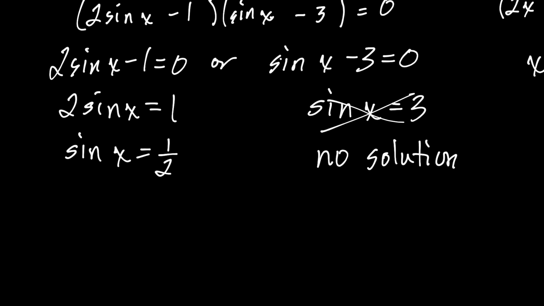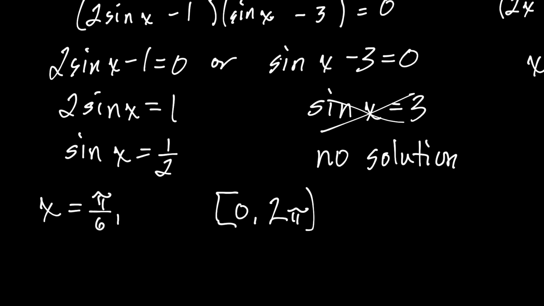If I'm still looking at from 0 to 2 pi, x has got to be, as we just did on the previous slide, pi/6 and 5 pi/6. Those would be the two solutions in this domain.